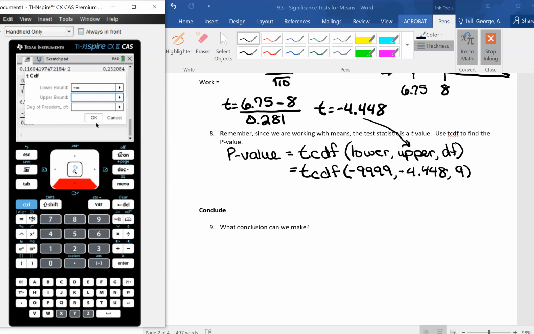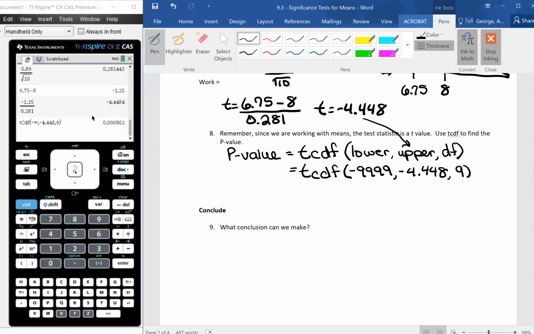Then we're going to have our t-value, which is negative 0.448, and then our degrees of freedom, which was 9. And there we go. We get a p-value of 0.000802. That is definitely less than 0.05, so we can reject our null hypothesis.